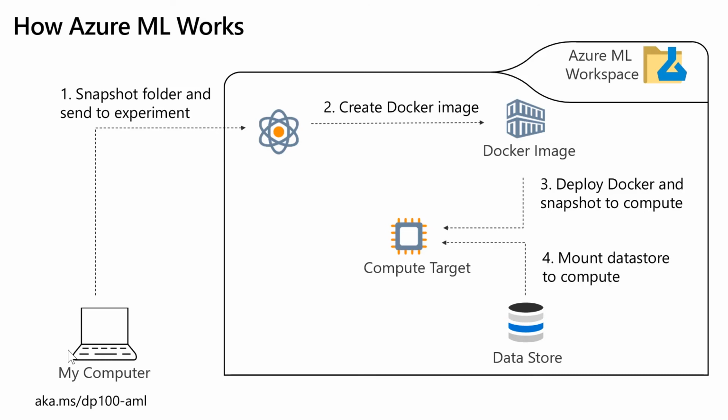It then also, if you're using a data store rather than calling off to an API for data or pulling it from somewhere else, you can actually have the data store in Azure Machine Learning and mount it onto the compute target. Why is that so impressive? Actually mounting it onto the compute target, this idea of bringing the data as close to the compute and the processing as possible, is incredibly important. This saves a lot of efficiencies.